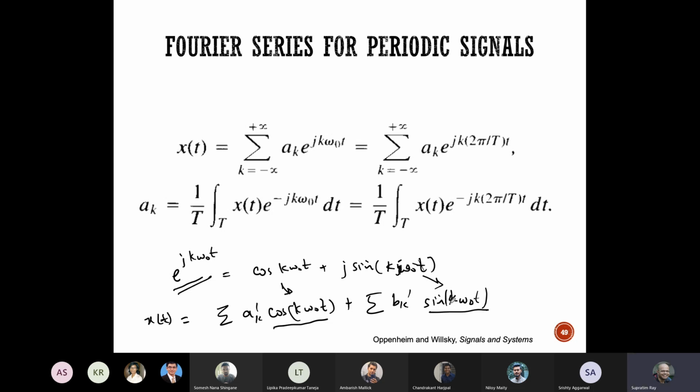So you can either represent it as a sum of two real signals that are complementary to each other, or as a single complex sinusoid. And also a third interpretation could be as a sum of cosines, but with the provision of having a phase.